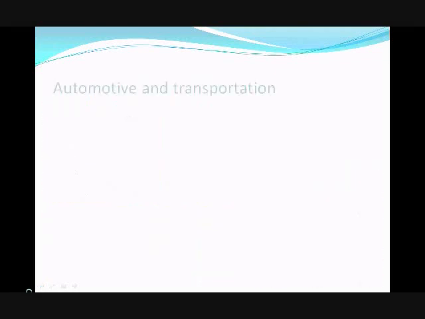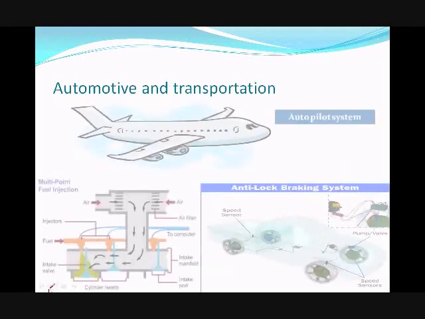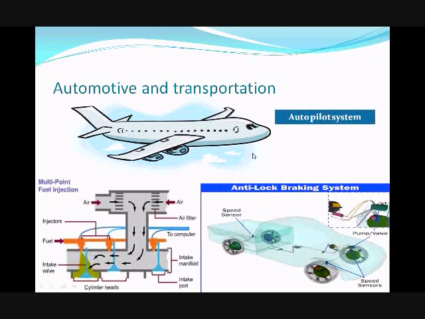In the automotive and transportation sector, real-time systems can be found in autopilot systems, anti-lock braking systems in vehicles, and also multi-point fuel injection systems in modern vehicles.